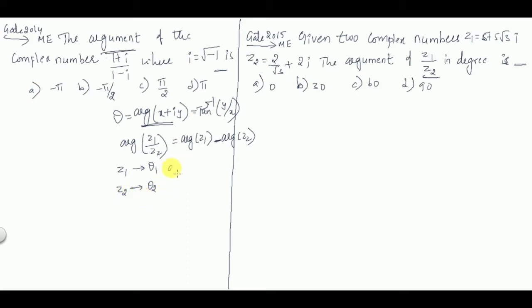So argument of z1 by z2 is θ1 minus θ2. This is the concept which you have to use here. Similarly, if you have multiplication, argument of z1 into z2 will be the addition θ1 plus θ2.